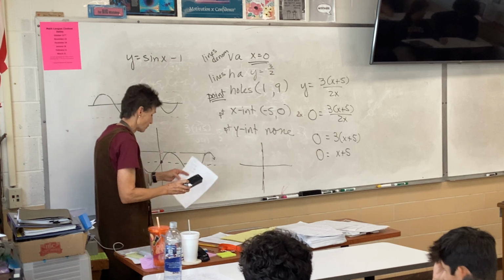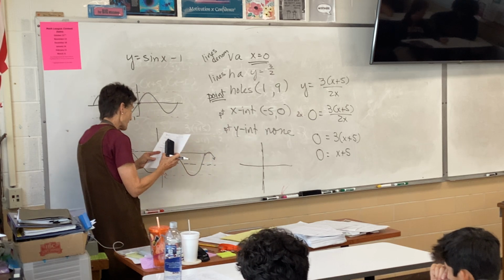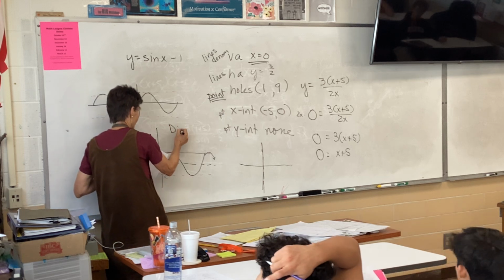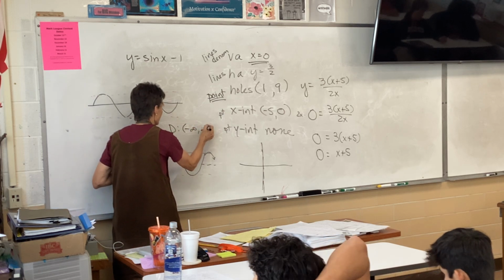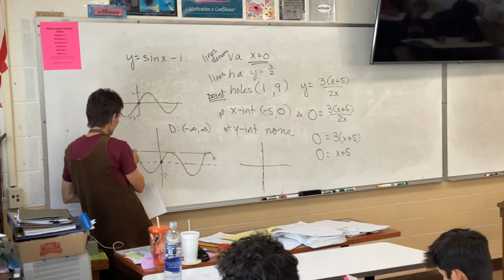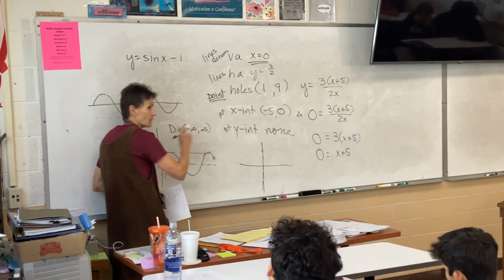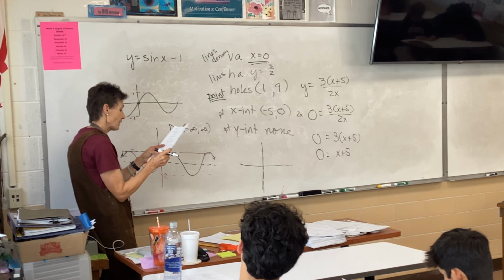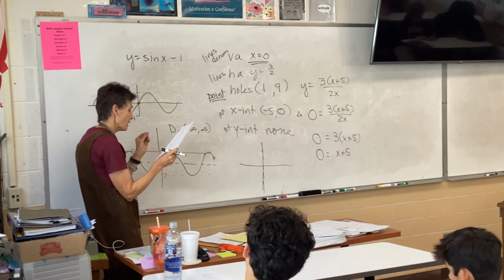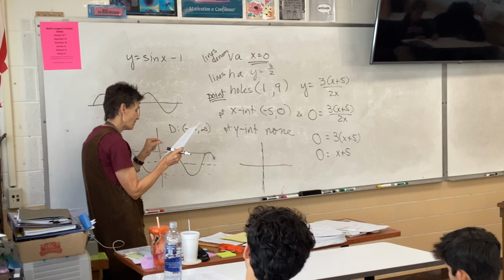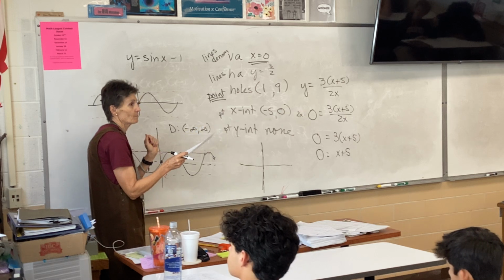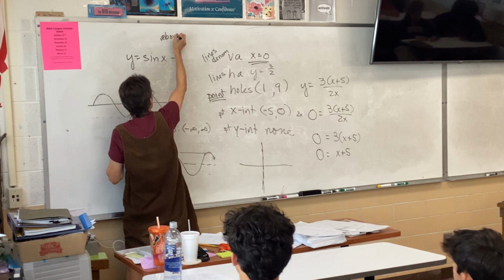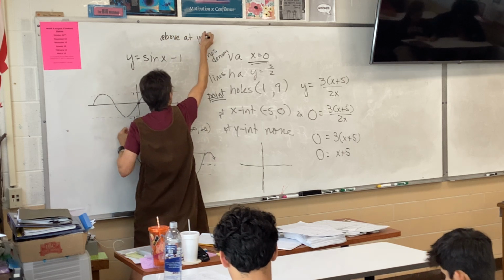Oh, now I have to answer the rest of it. State the domain. What's the domain of this thing? All the numbers, that's right, negative infinity to infinity. See these arrows? They're going to keep going forever and ever. Is this thing bounded above, bounded below, or both? Both. So we're going to say it's bounded above at y equals 0.